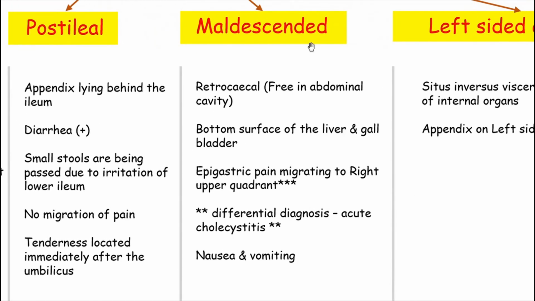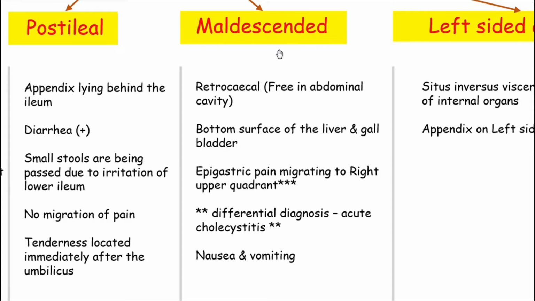The maldescendant type is also known as the subhepatic type. It mainly occurs in patients who have a retrocecal type of appendix, and this appendix is located in contact with the bottom surface of the liver and the gallbladder.